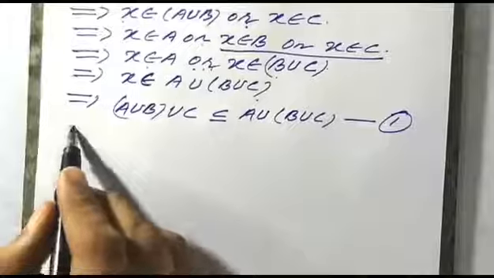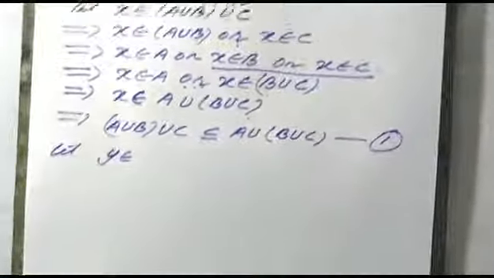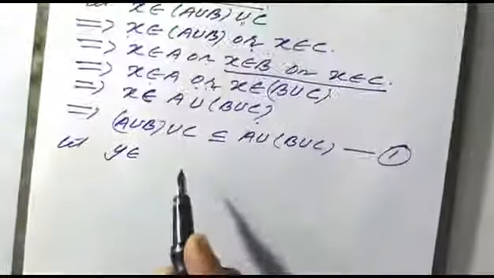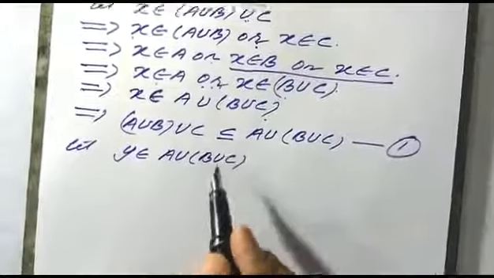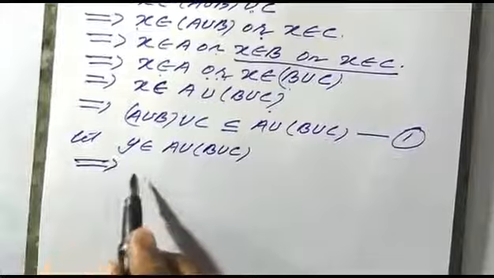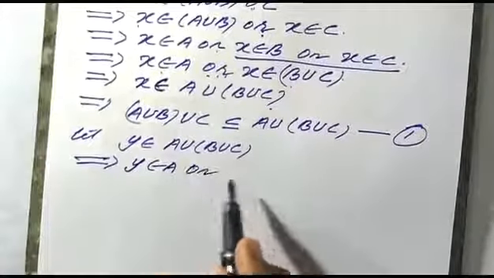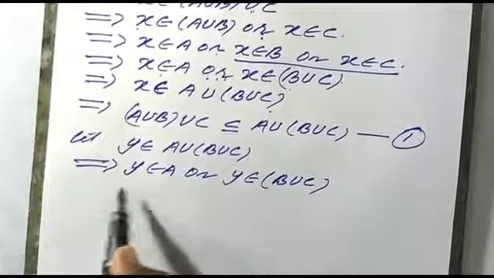Now we take another arbitrary element Y belonging to the right hand side this time, A union (B union C). So again we may write it as Y belongs to A or Y belongs to (B union C).